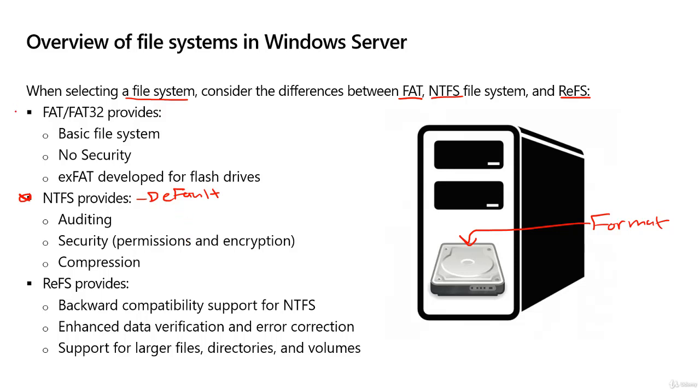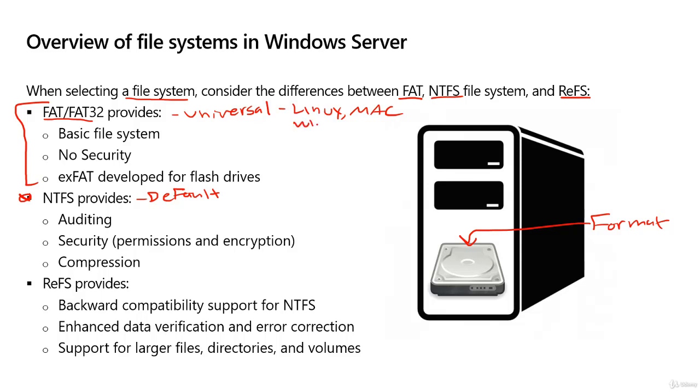The other options, FAT32, we'll just group those together. This is a very old format, and there is nothing good to say about it other than it is universal. So you could have a Linux machine, Mac, any of those could access a drive formatted with FAT.